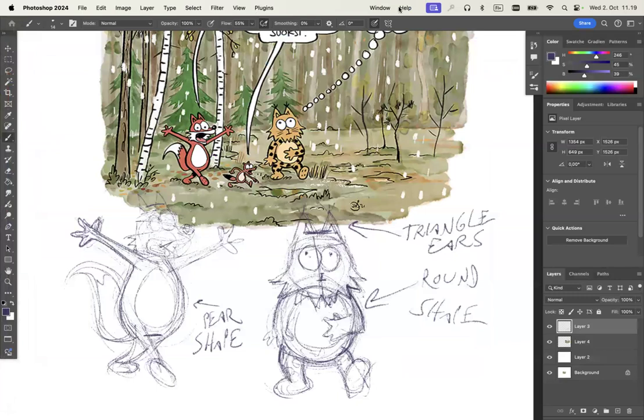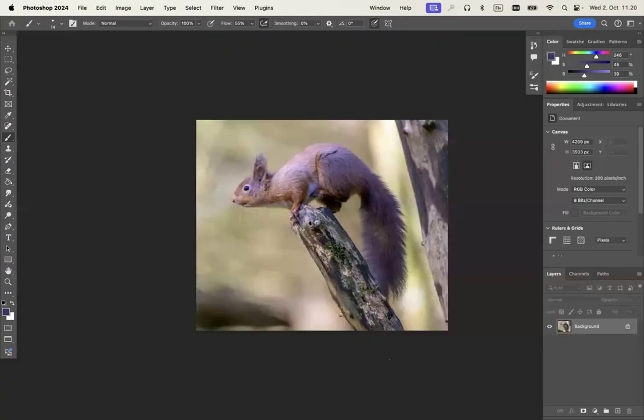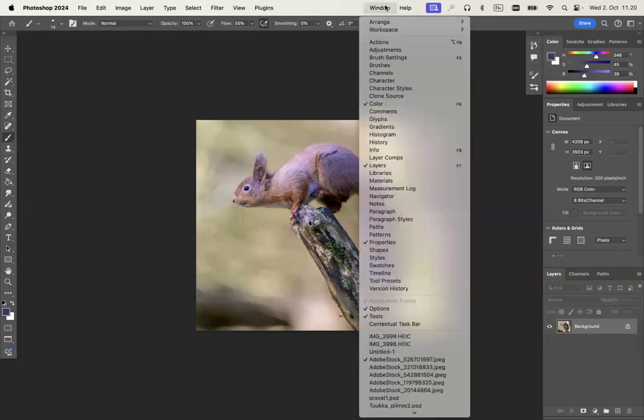So let's see if I have them here. There are some red squirrels that I took. Some of them were from Wikipedia, some of them were from Adobe stock library.